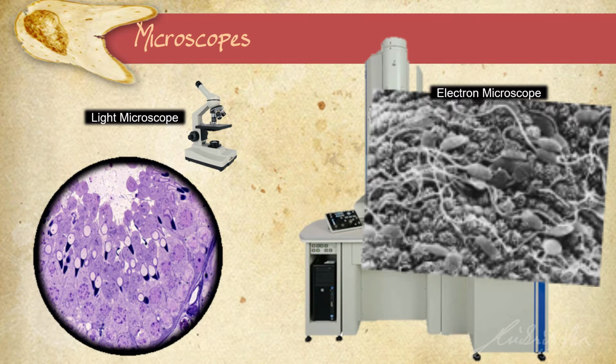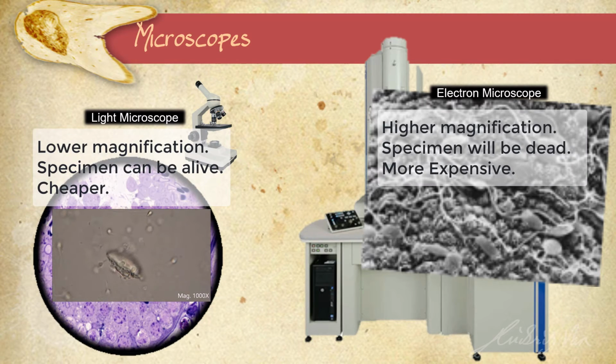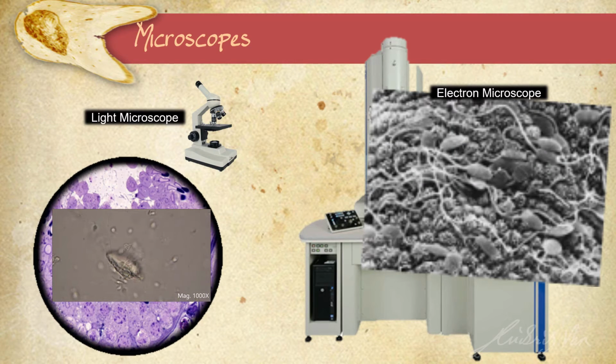Light microscope, magnification is lower. Electron microscope, the magnification is higher. Light microscope, it can be colorful and live. Electron microscope, only gray, but you can Photoshop color onto it, and the specimen is dead.